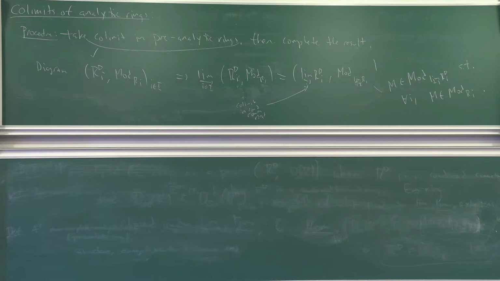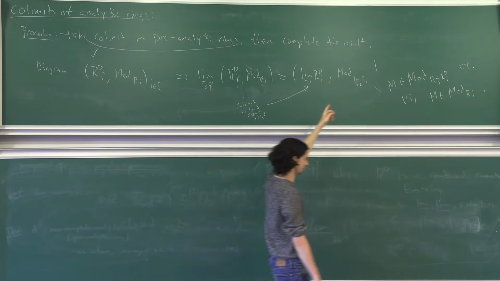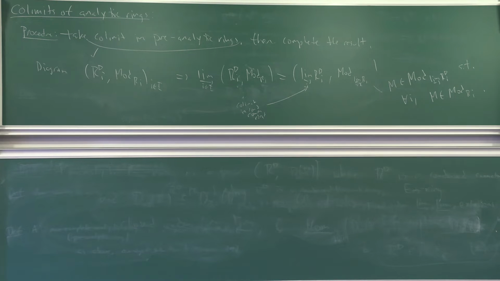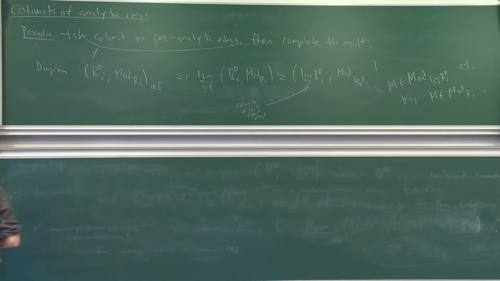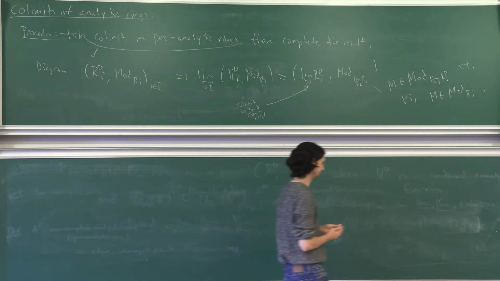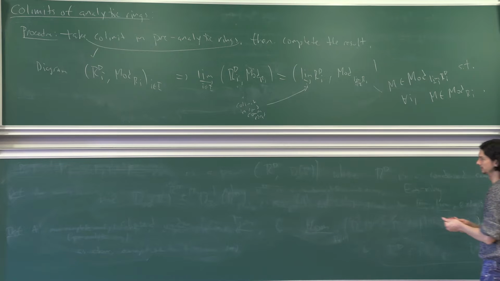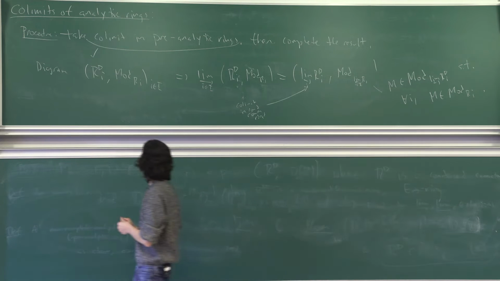And checking that this satisfies the axioms of a pre-analytic ring is also not difficult. Closure under limits and colimits is elementary because the forgetful functor that you're using here commutes with limits and colimits, and the closure under the extensions is also not so difficult. You just check it directly.